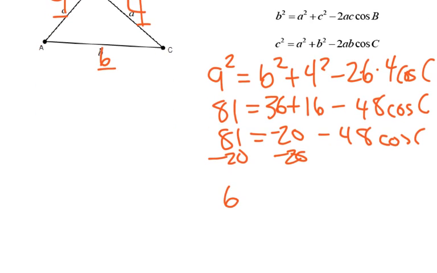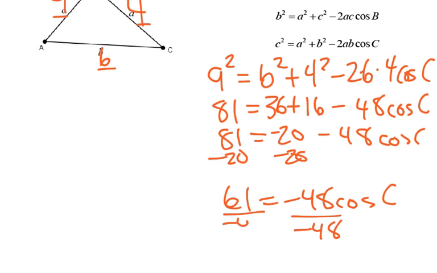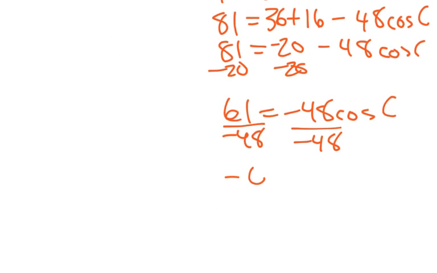So we've got 61 equals negative 48 cosine of c. Divide by negative 48. So I get negative 61 over 48 equals cosine of c. And then we go the inverse cosine of that fraction.